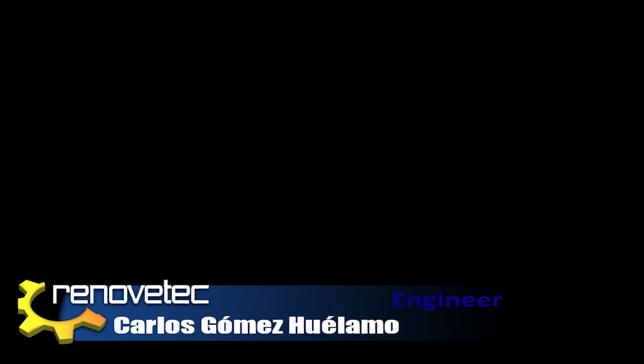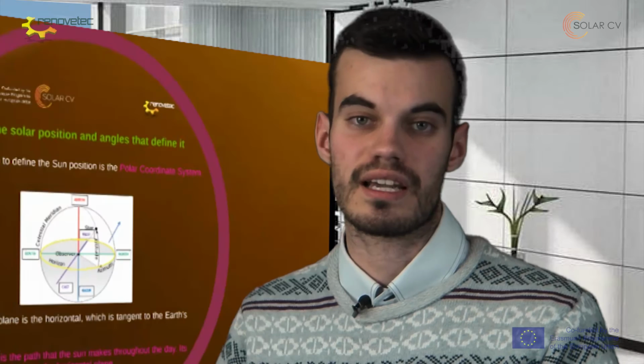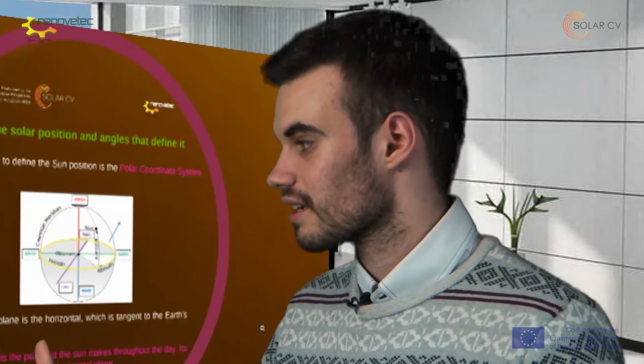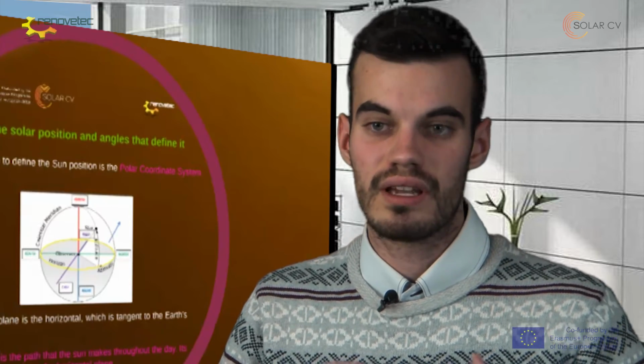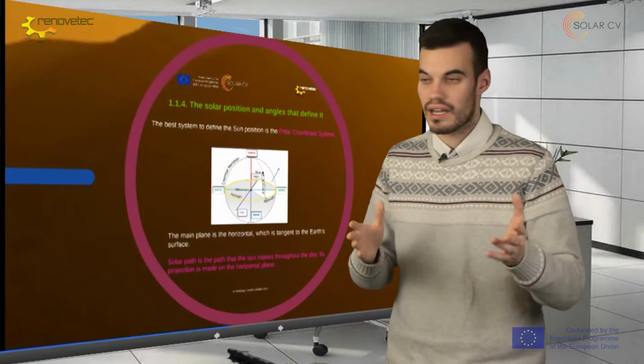The solar position is best defined with the polar coordinate system rather than the Cartesian coordinate system, because it's better to define our position with a radius and sun angles.